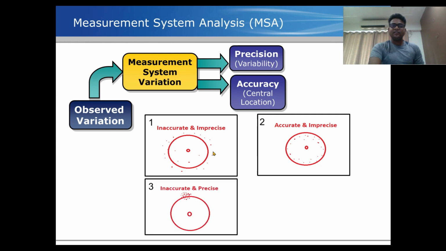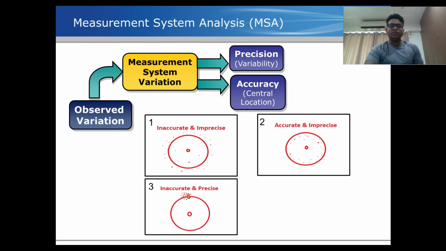In the third case, you will see that all these data are very close to each other, meaning the difference between the data is very small. It means that it is precise but inaccurate, inaccurate because the distance from the central or mean value is large, and the data are out of your range.